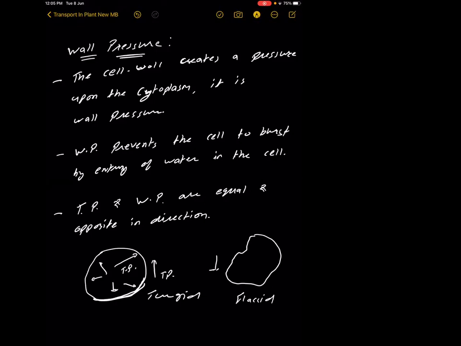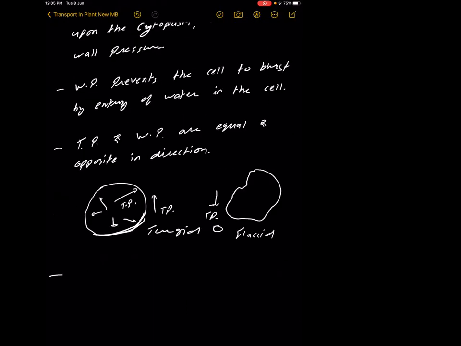So the turgor pressure is minimum, it is 0 in a flaccid cell. Fine. So this turgid condition depends on turgor pressure. If turgor pressure is present, obviously the cell becomes turgid. If the cell loses water, it becomes flaccid, no turgor pressure. Clear?